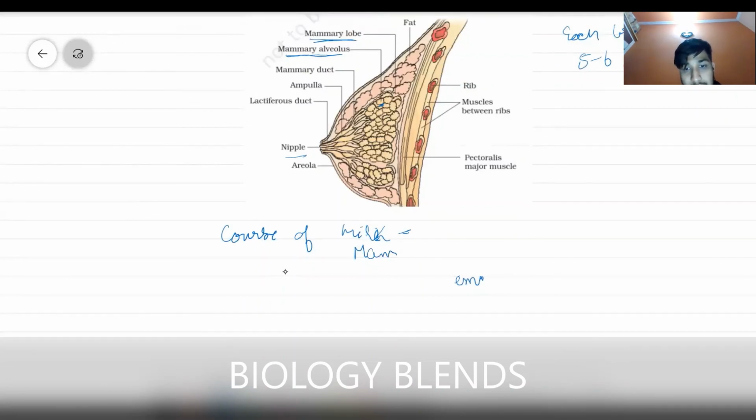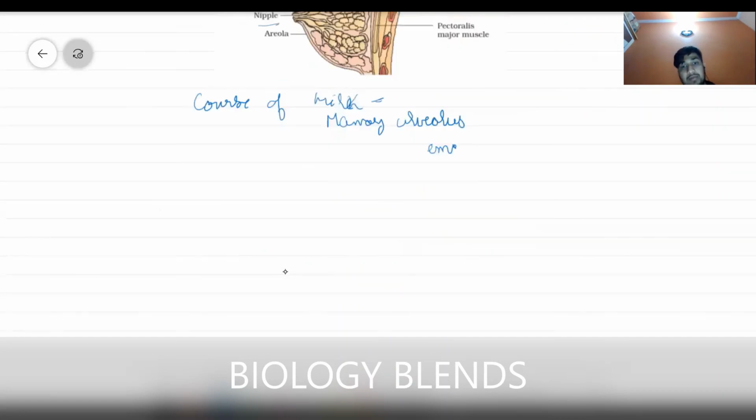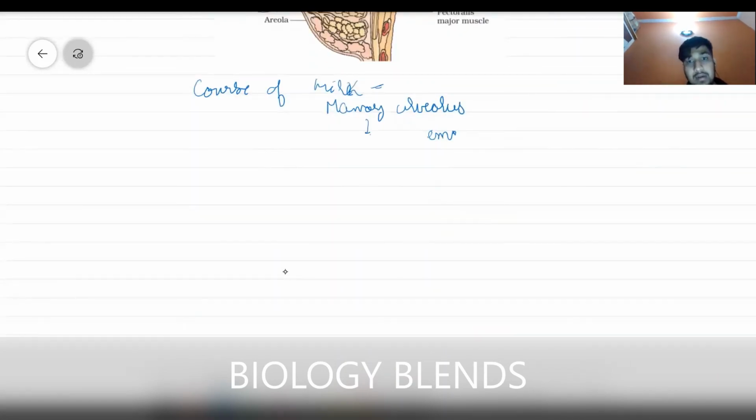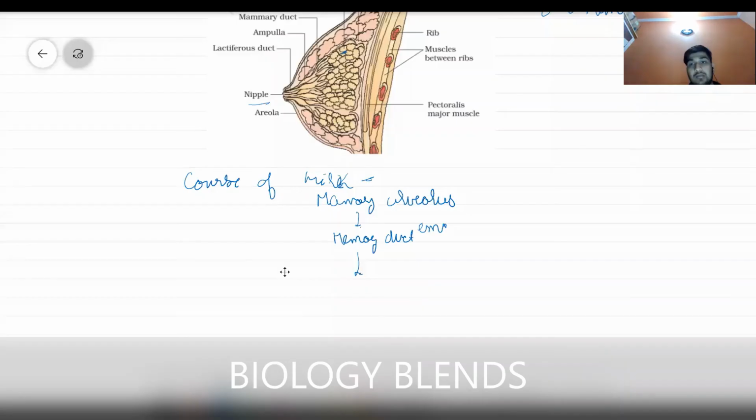After that, it goes into the mammary duct, which opens into the ampulla.